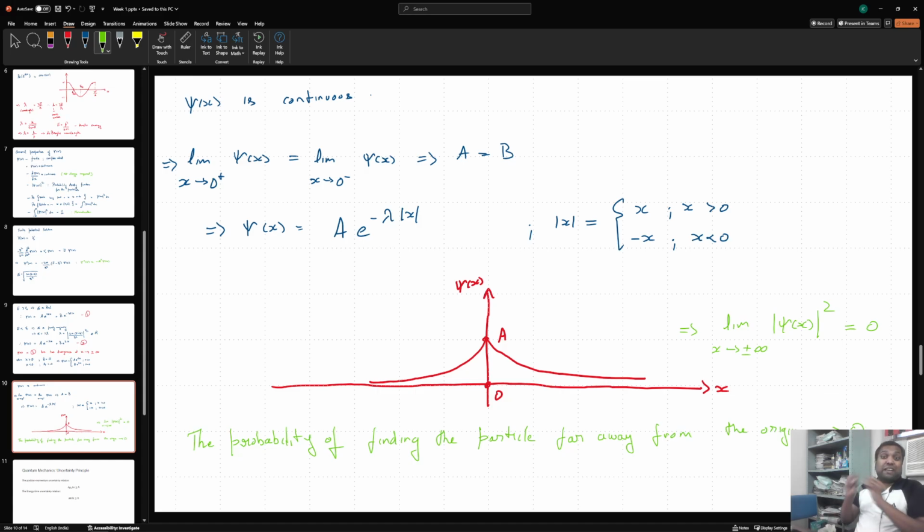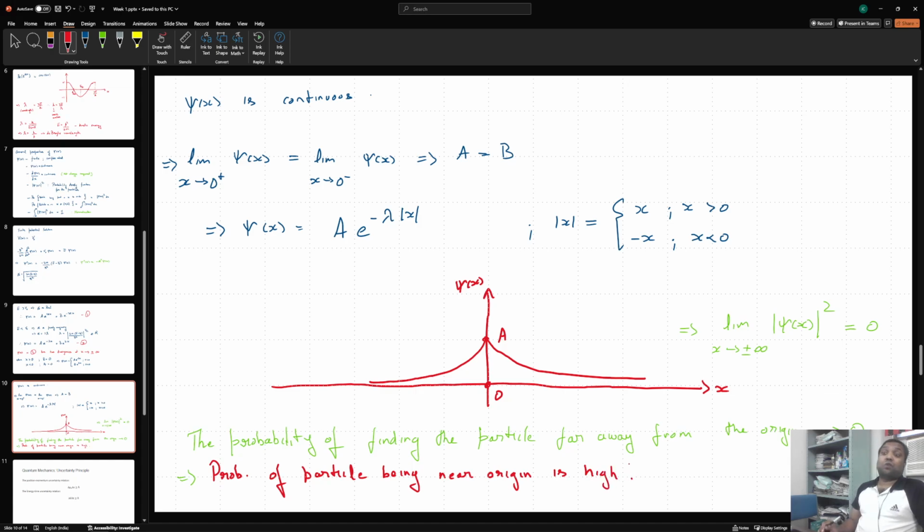So it becomes vanishingly small, which implies the probability of finding the particle close to the origin is that much higher. So as a corollary, the probability of the particle being near the origin is high.